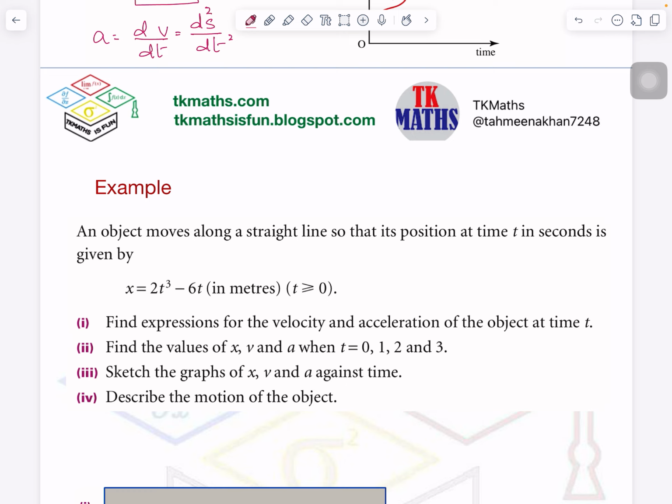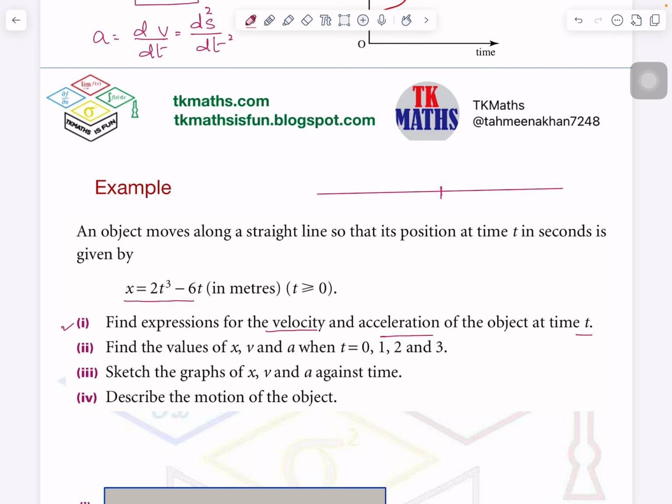An object moves along a straight line so that its position, now this is a straight line, right? Object is moving like this. And this equation is giving its position at different points with respect to time, of course. Find an expression for the velocity and acceleration of the object at time t.